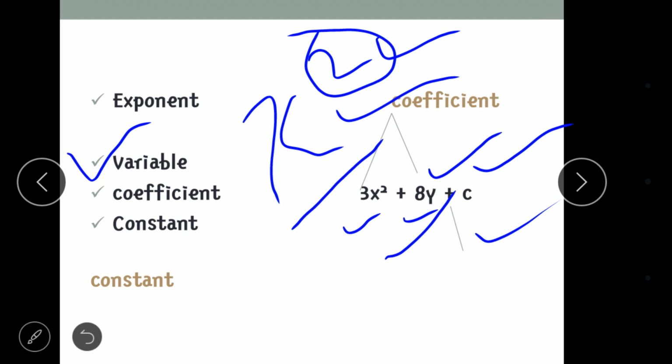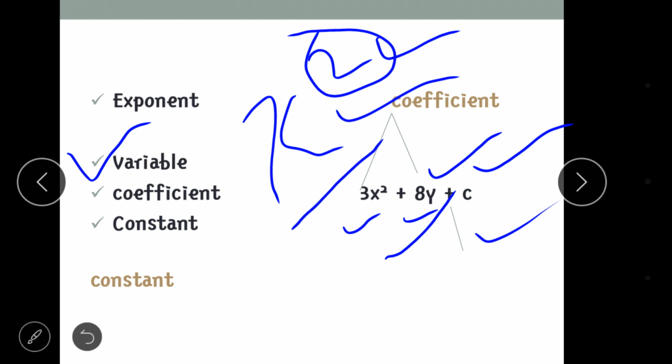Constant. Constant is a symbol with a fixed numeric data. A constant is a number on its own. A fixed numeric value is a constant.